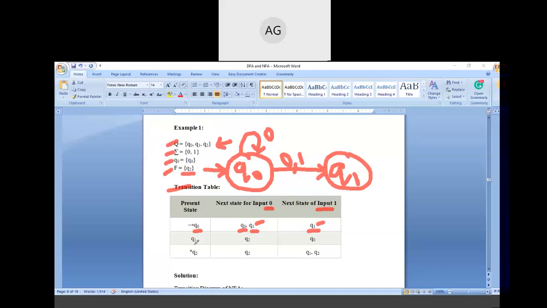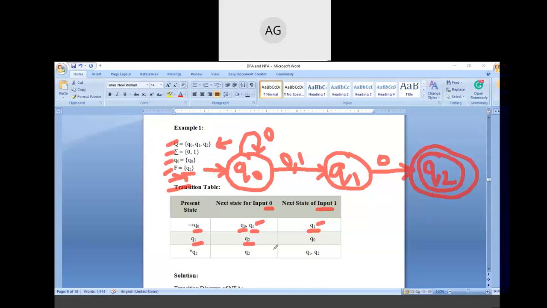Now we move to the Q1 state. From the transition table, on getting input 0 on Q1, we move to state Q2. So you can write Q2 here. Q2 is the final state, so to distinguish it we write Q2 in a double circle.